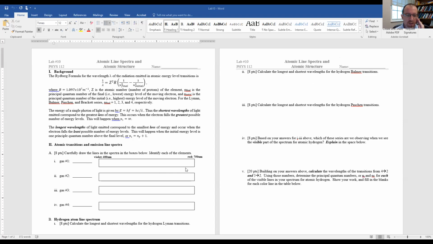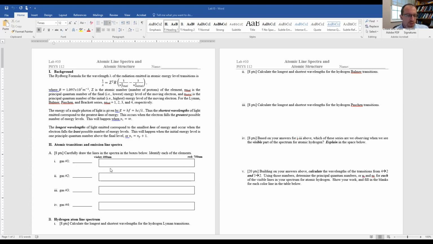And what we can see is emission spectra that are the result of the light that's given off by those gases coming through a diffraction grating. And that is what we will draw in these boxes right here.